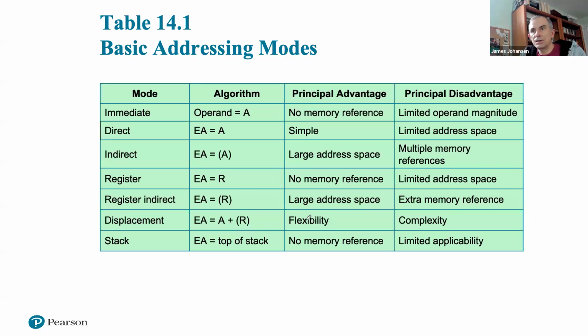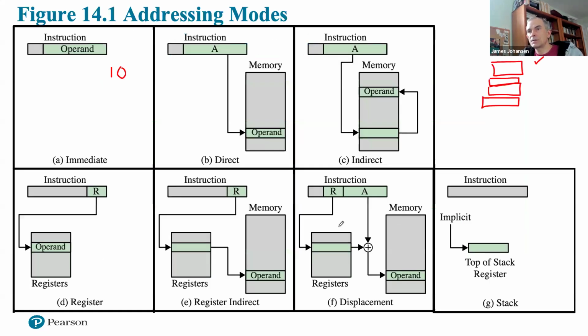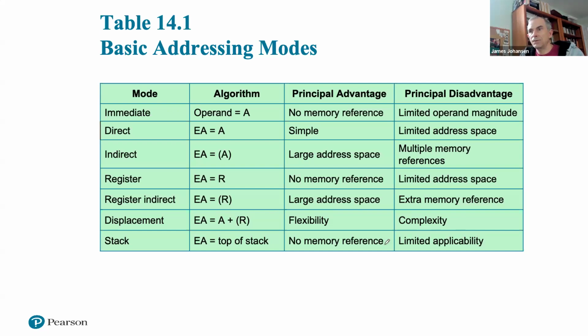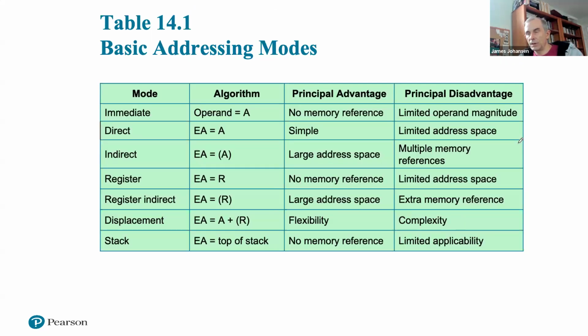Displacement, this is going to be really flexible, but there's going to be complexity that's going to be part of that. And so we can see that of all of them, this looks fairly complicated. And finally, for a stack, not everything can just be put into this nice type of way of how we need to be accessing the data. And so that would be something you'd want to think about when you're thinking about that address mode.